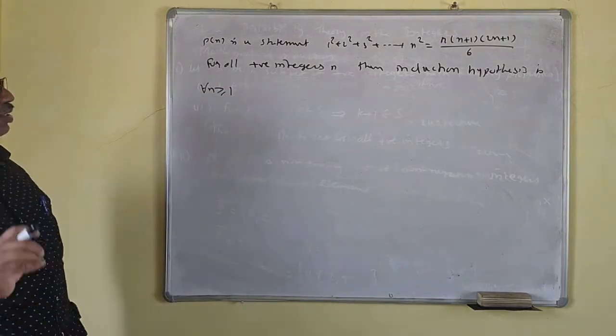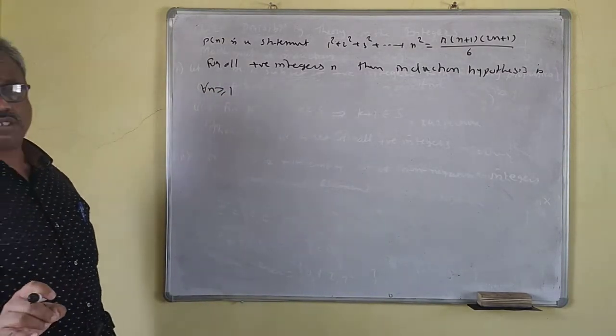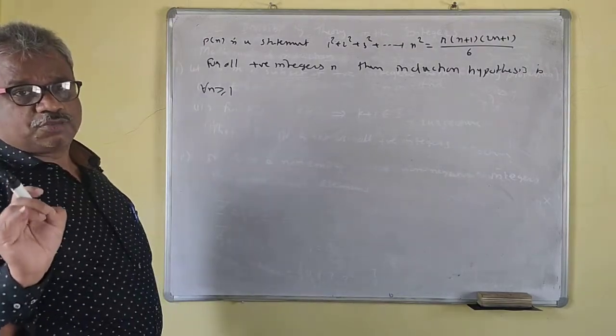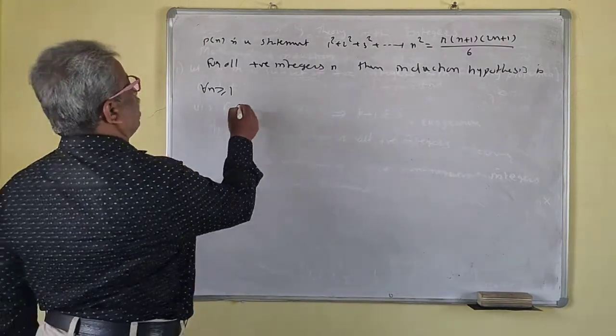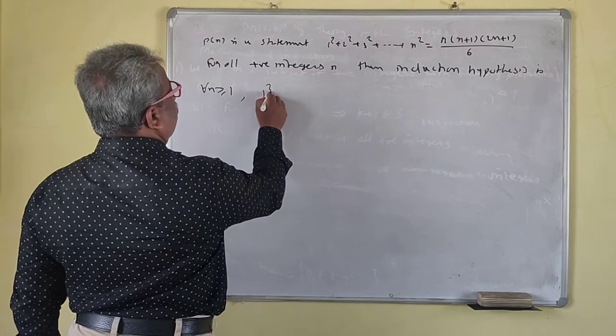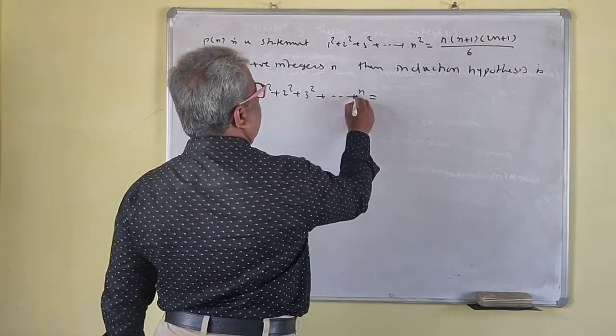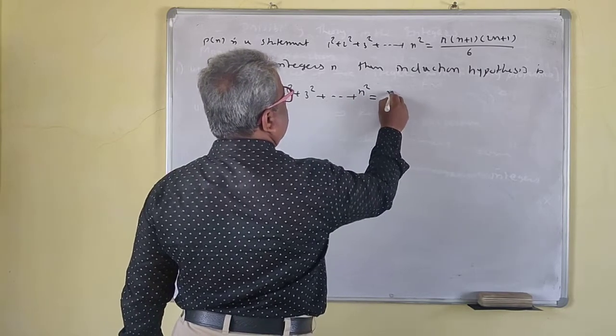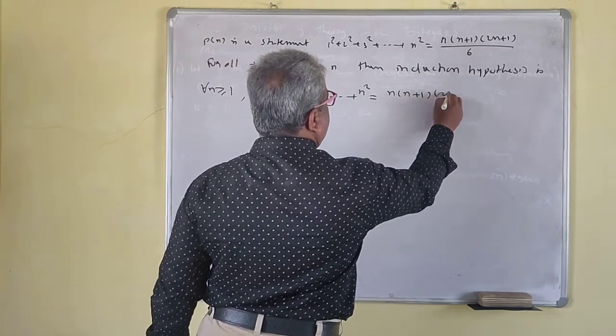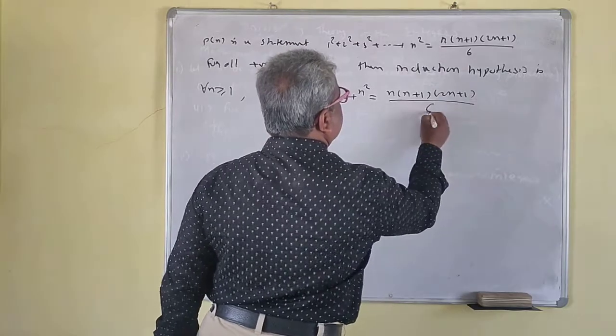We are saying positive integers, so the first positive integer is 1. For all n greater than or equal to 1, 1 square plus 2 square plus 3 square plus dot dot dot plus n square is equal to n into n plus 1 into 2n plus 1 upon 6.